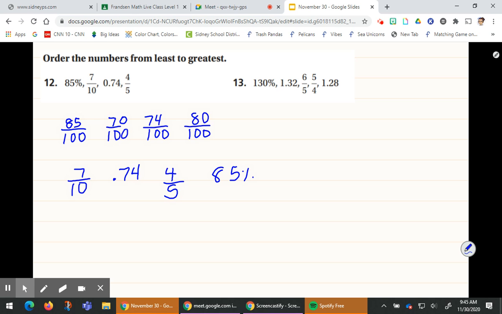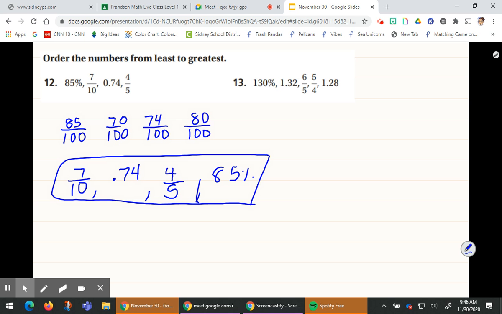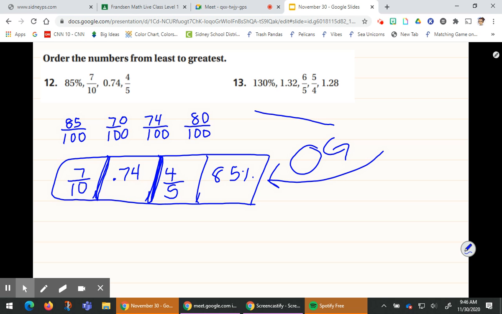Okay, so I can separate those by commas, or I can put them in boxes, however you want to answer them. Some people put them on number lines. Mrs. Franzen really likes number lines, they're great. But just as long as you remember to use the original numbers, do not reorganize your new numbers from least to greatest.